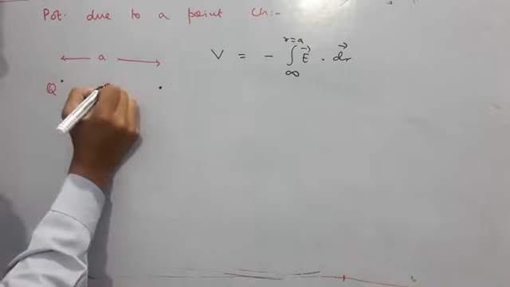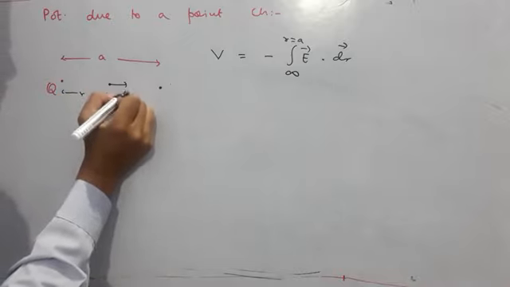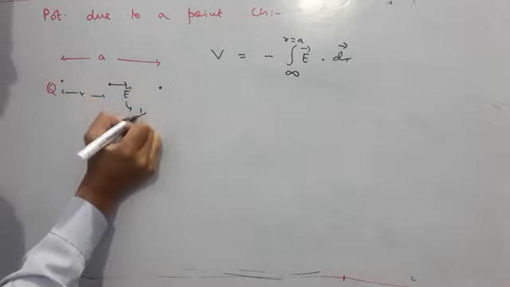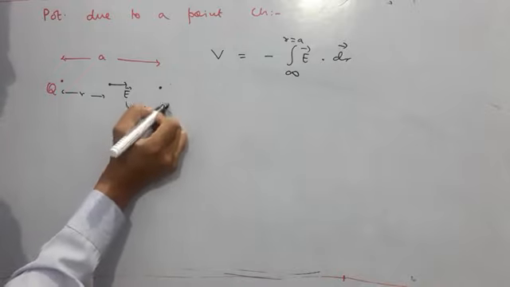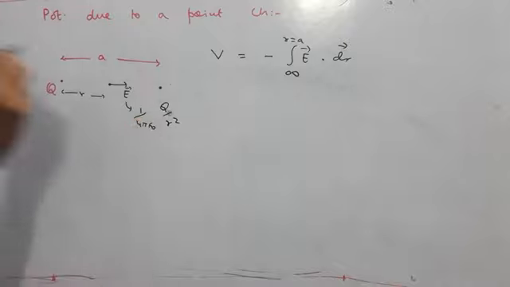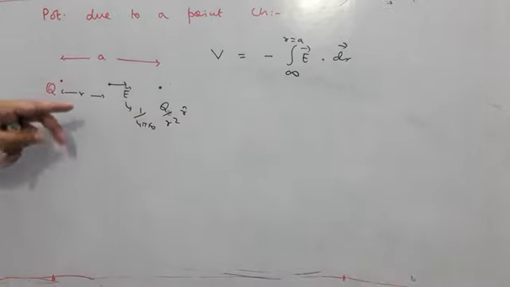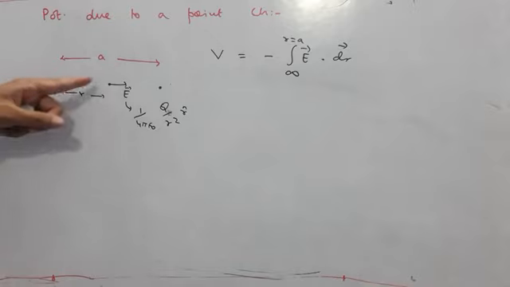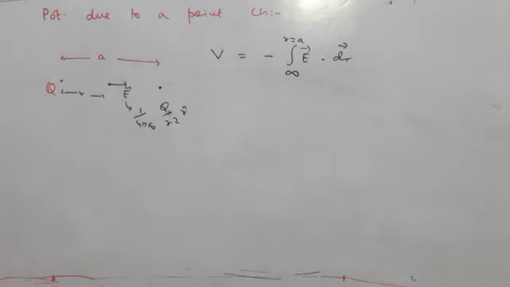Now at some point, say at a distance R, the value of the electric field, you know students, is that E vector is given as 1 by 4 pi epsilon naught, capital Q upon R square, and its direction is along R vector, where R vector is the line joining the point charge to that particular point for a positive charge, and if the charge is negative, E vector will be towards it.